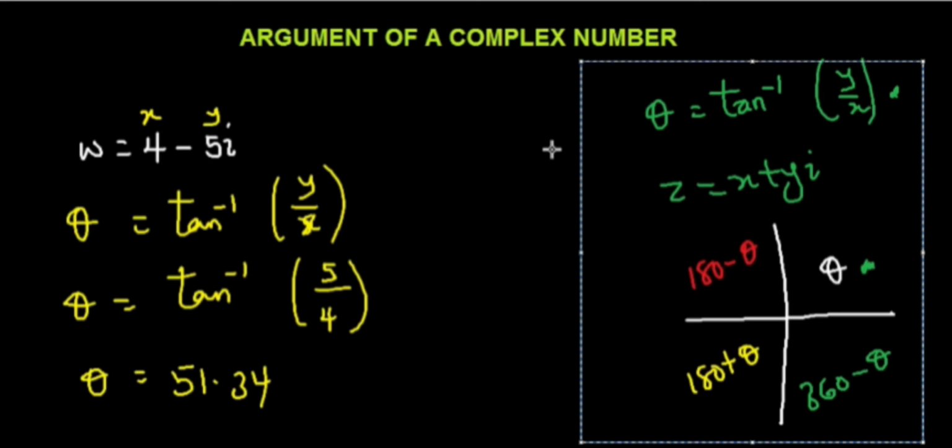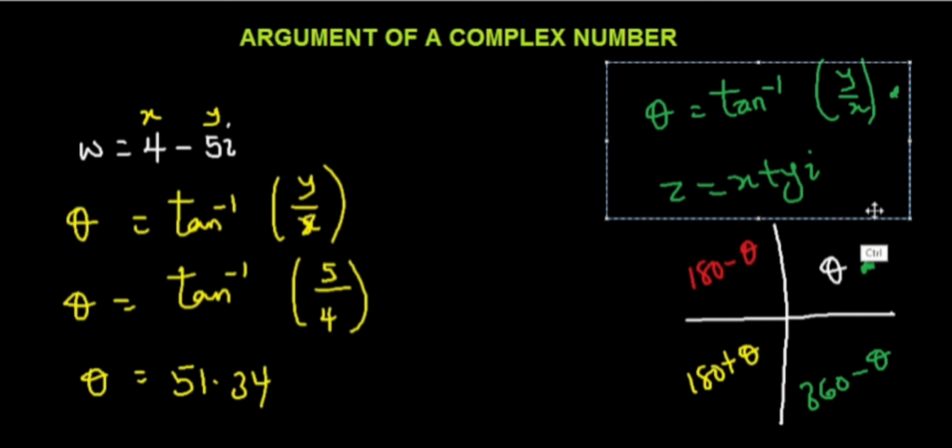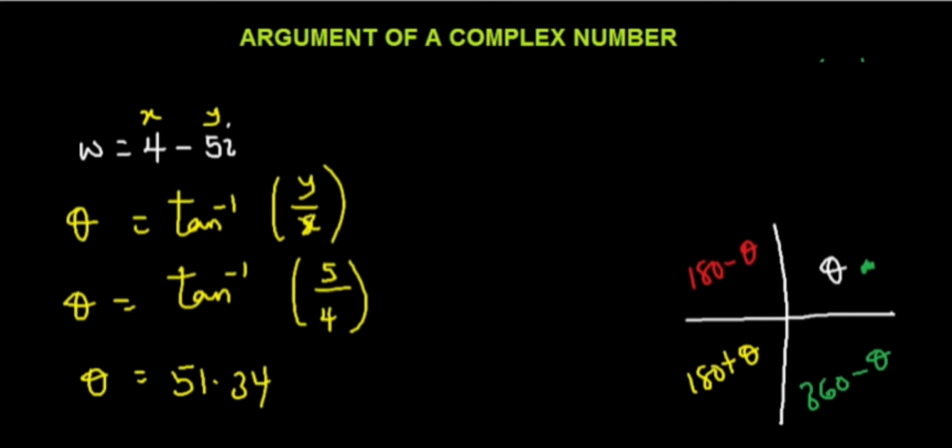Let me clear up this part so we can draw our Argand diagram. On the x-axis we have plus 4, somewhere here, while on the y-axis I have minus 5, somewhere here. If I carefully plot it, it should be somewhere here.